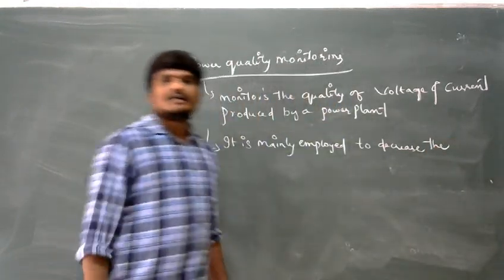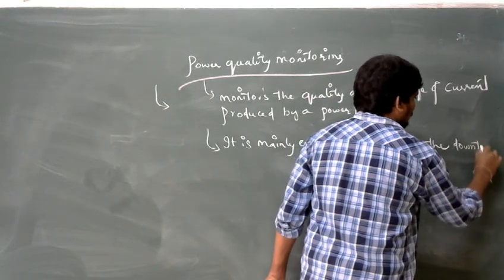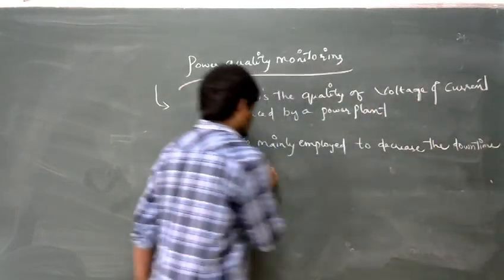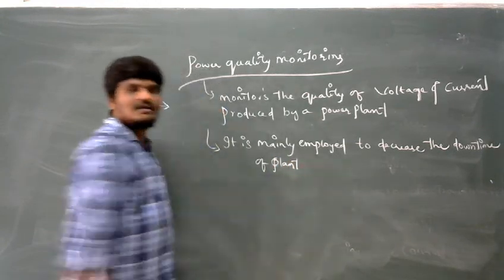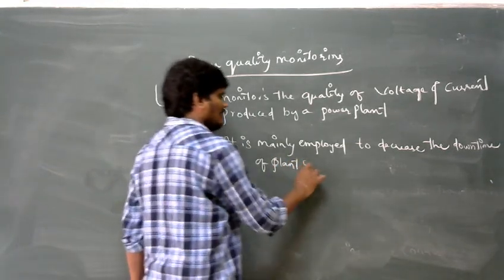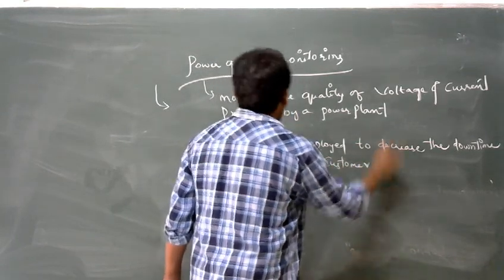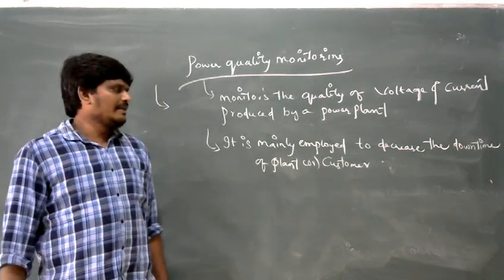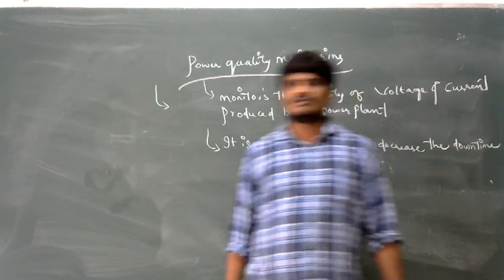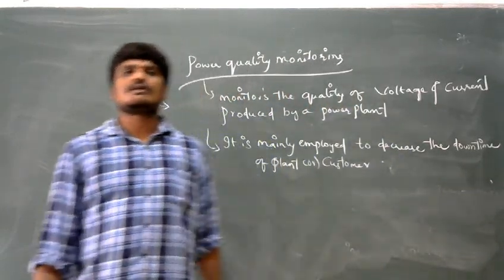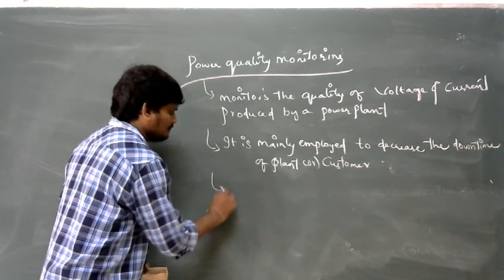To decrease the downtime of a plant or customer. So, in order to minimize the downtime of a particular plant or a particular customer, we employ power quality monitoring.